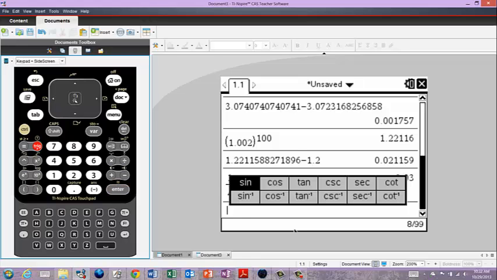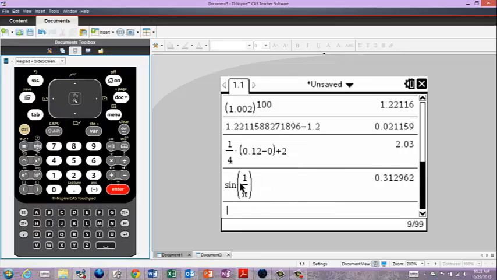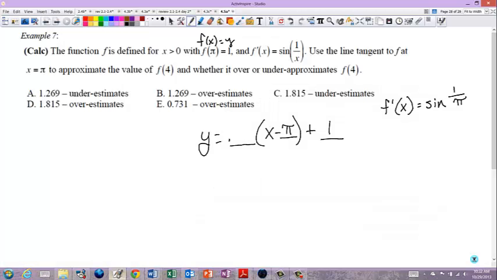Sine of 1 over pi is 0.313 if we go 3 decimal places. So use the line tangent to f at x equals pi to approximate the value of f of 4. So I'm going to fill in 4.